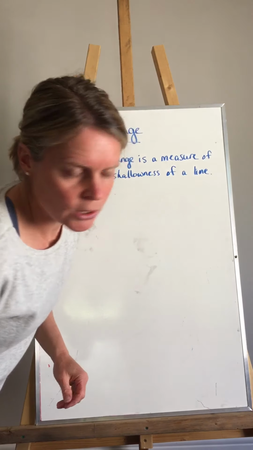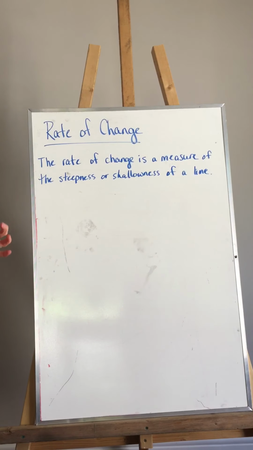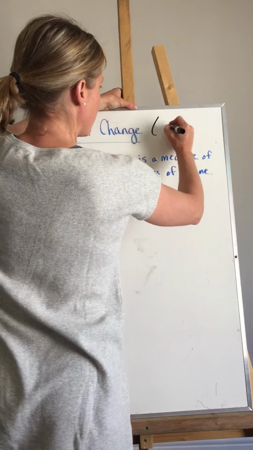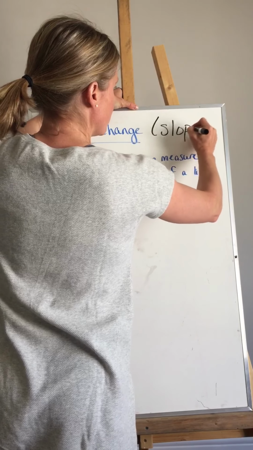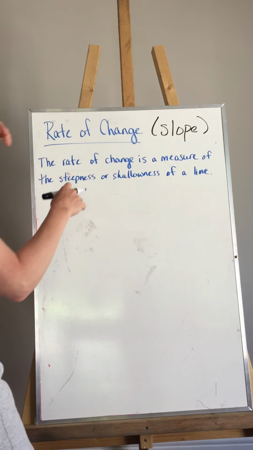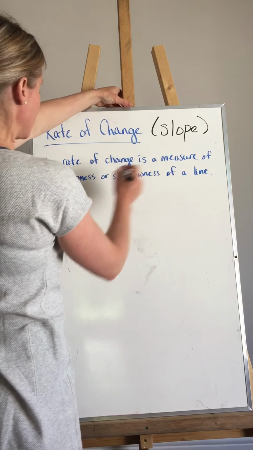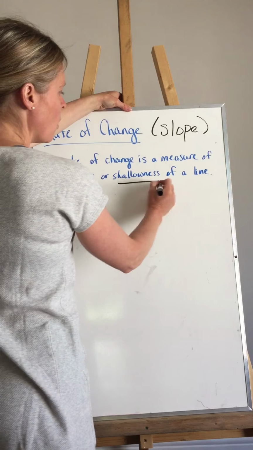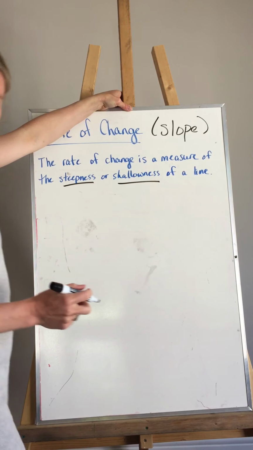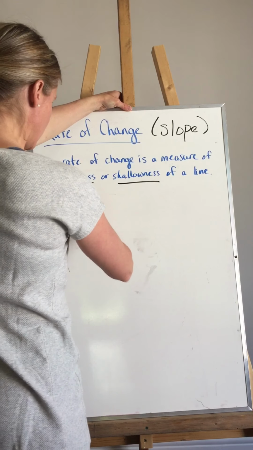So rate of change, you may have called this slope in elementary school. Okay, same thing. So slope of a line or the rate of change of a line, it is basically a measure of the steepness or the shallowness of a line. Okay, the way that you calculate it is this.